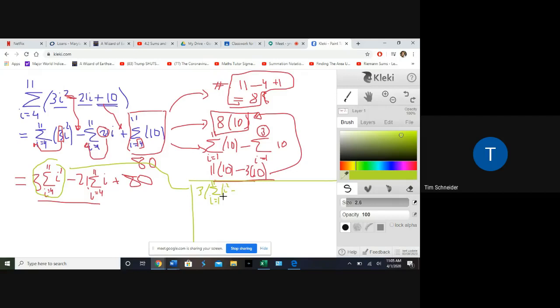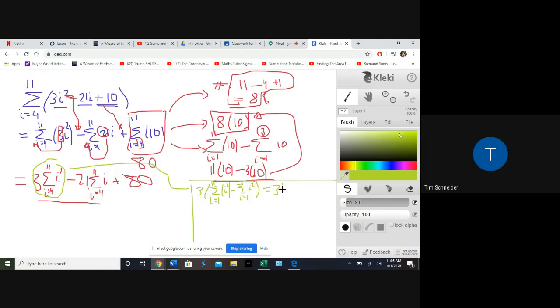It's still 3 times this, minus the sum from i equals 1 to 3 of i squared. Okay, what is that equal to?